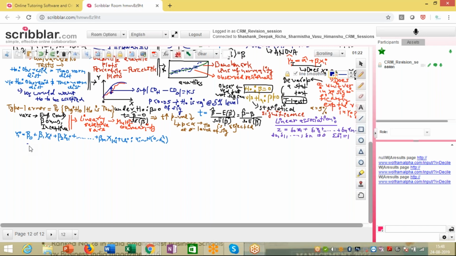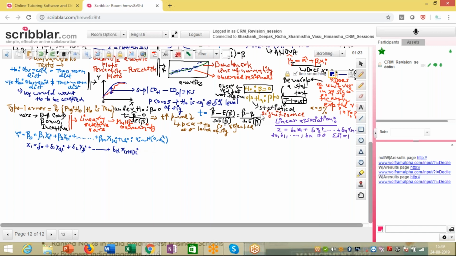Over here, I can say that x1i is a function of delta 0 plus delta 1 x2i plus delta 2 x3i, and so on, up to delta k x(q plus 1).